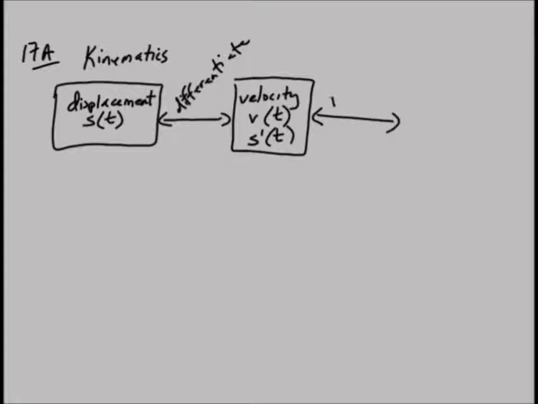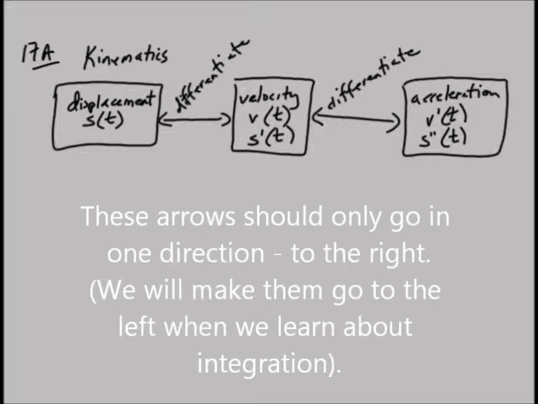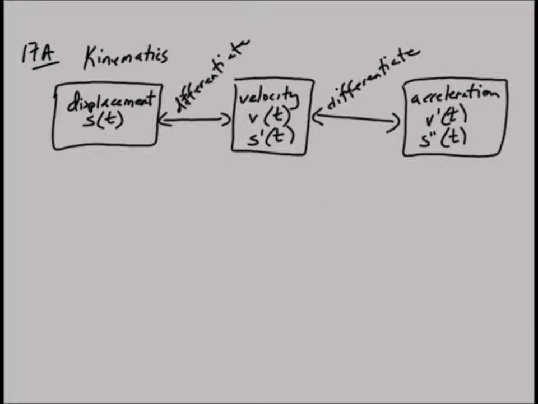If we differentiate this, we end up with an acceleration function, or the derivative of the velocity, or the second derivative of the displacement. Looking at this diagram and memorizing that will really help us in solving problems.